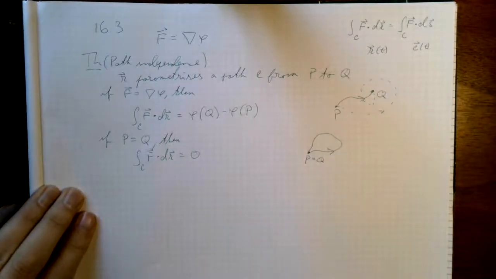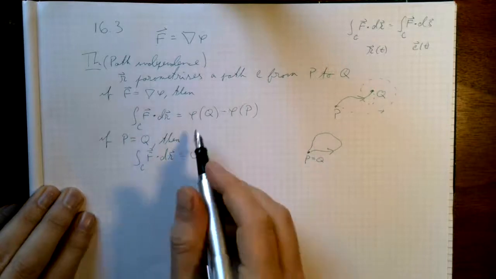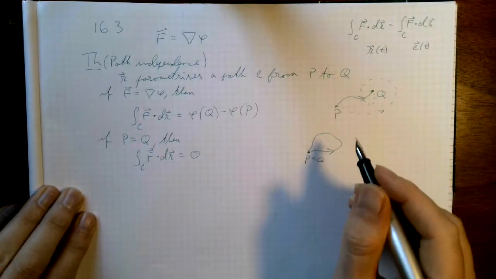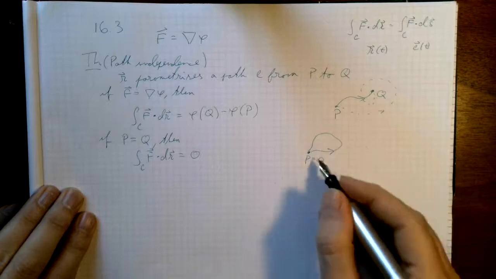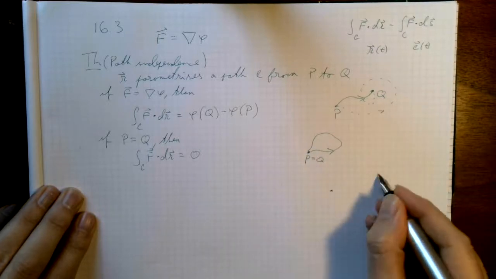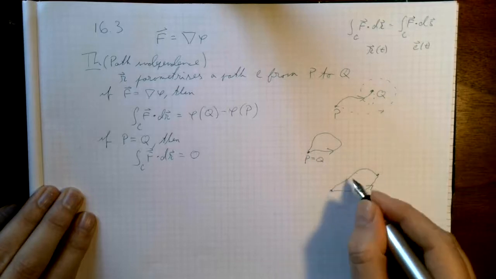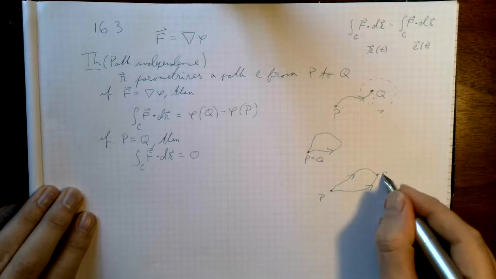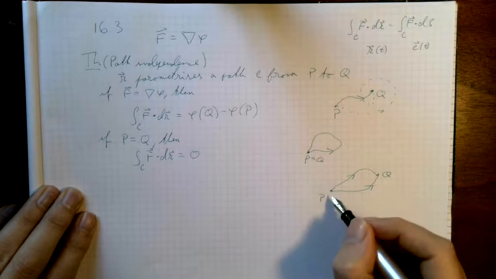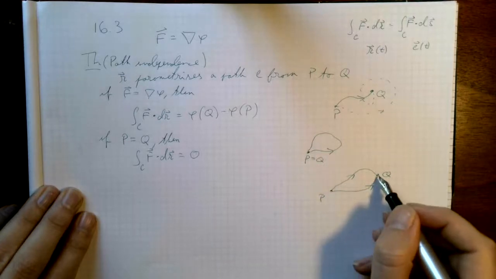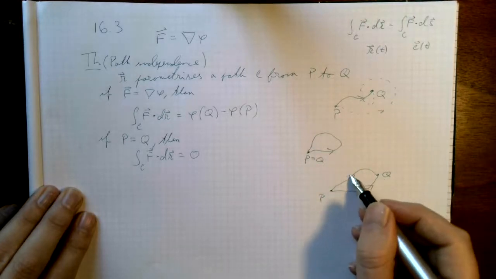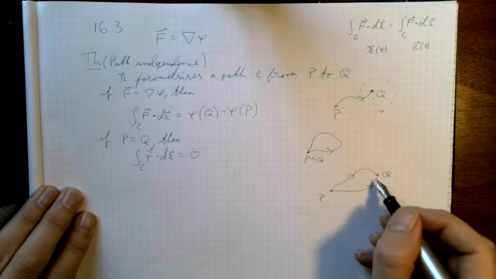This is basically equivalent to that. How does that really work? Well, if I have two paths from P to Q, I could go first there by this path and then back by the inverse of this path.